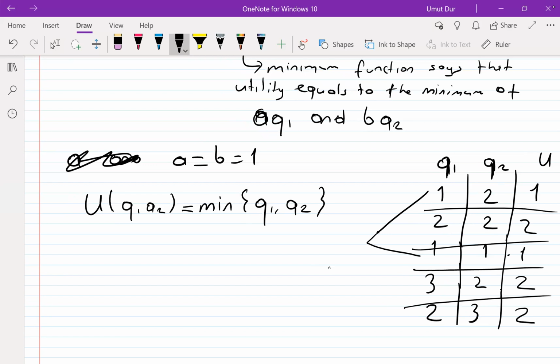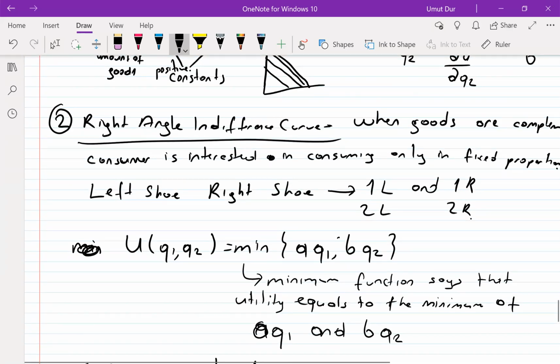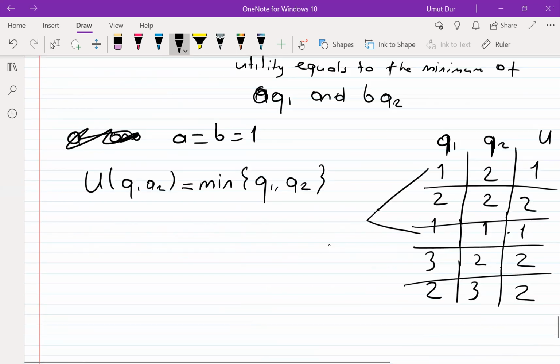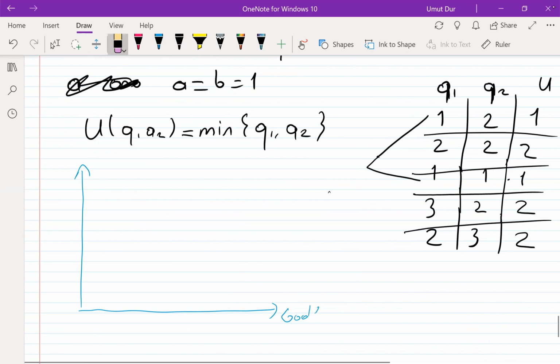So let's try to draw this indifference curve. As you can remember, the name of this indifference curve is right angle indifference curve, so we will have something like this. This will be our indifference curve, but let's try to visualize it. Let's say this is good 1 and this is good 2.